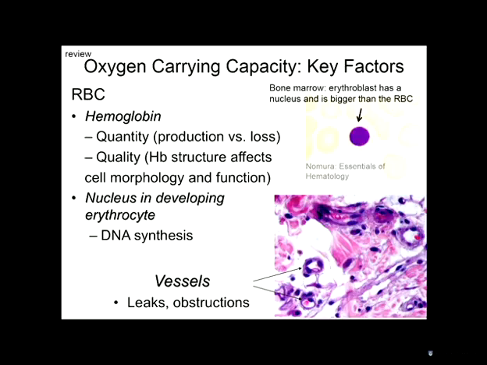We'll talk about that. And finally, of course, it's the vessels that bring the red cells to all the tissues. Therefore, if there are problems with the vessels, you can develop problems leading to anemia. So we're talking about leaks and obstructions as things that have consequences for red cells and oxygen carrying capacity.